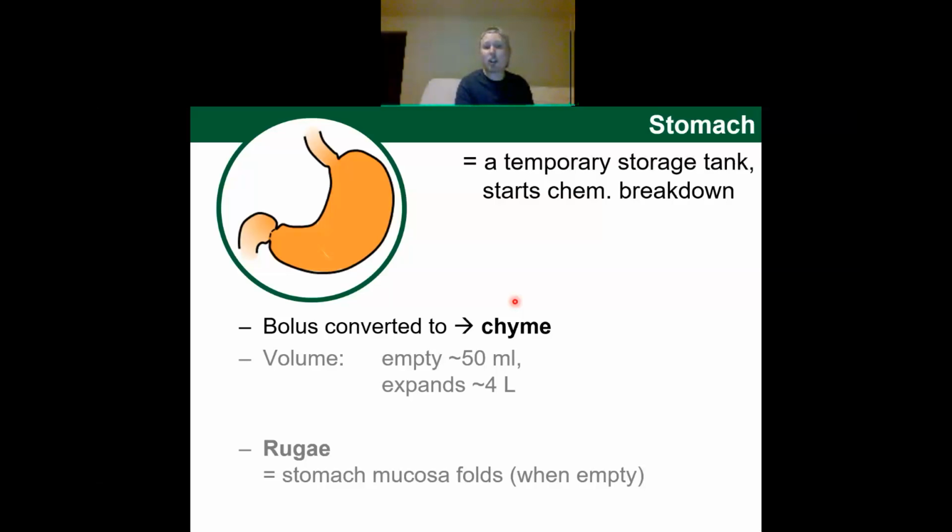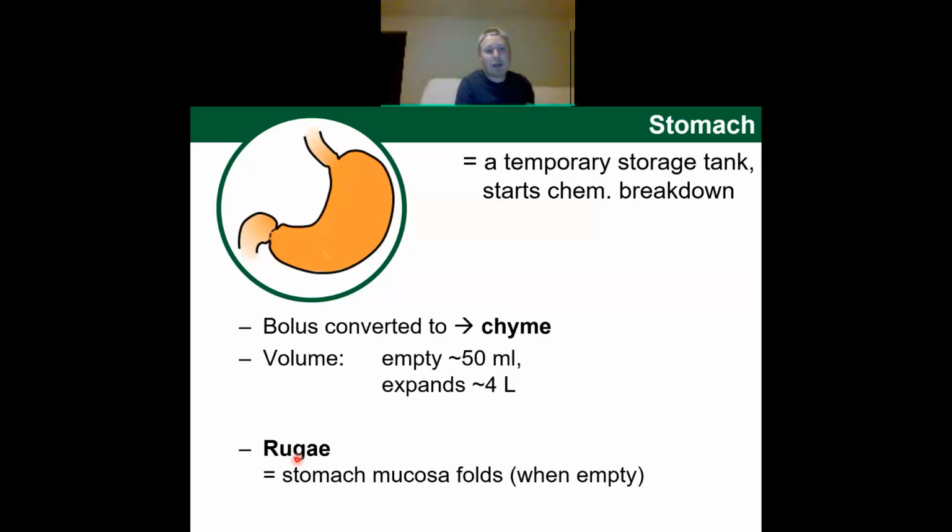Stomach can change much in size, from being very, very small to very large. But most of the time, it's not this extended. Inside the stomach, as we will see later in one of the pictures, there are these little folds called rugae. They are what allows the stomach to be stretched. So when stomach is empty, you find these little bumps, rugae, in there.